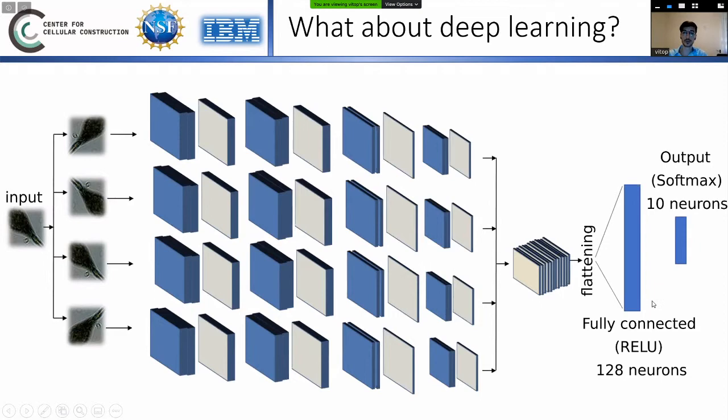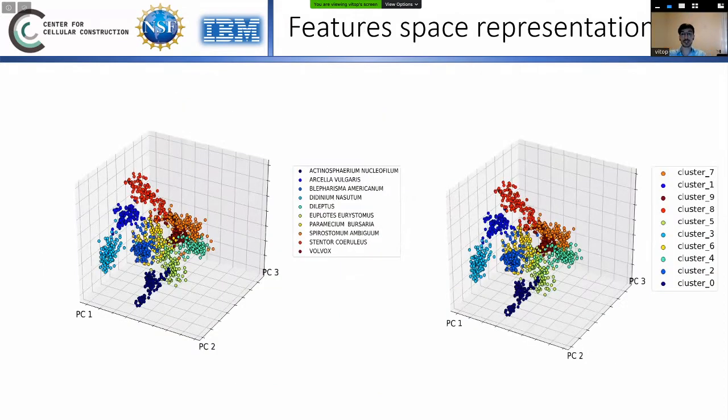So this is used as features. And we repeated the same procedure as before. Of course, we have a much higher accuracy, which is 99% with respect to 93%. But if the idea is to put our tools on the microscope, so on the Raspberry Pi, I'm not sure that the CNN can be run by the Raspberry Pi as well as the other, I mean, just a fuzzy clustering.